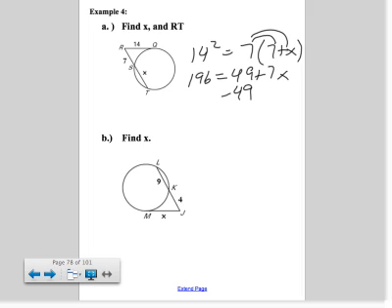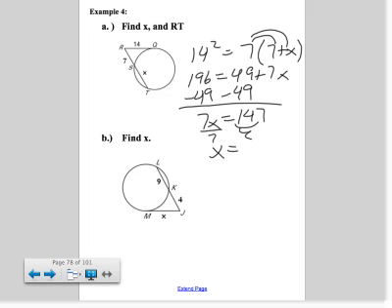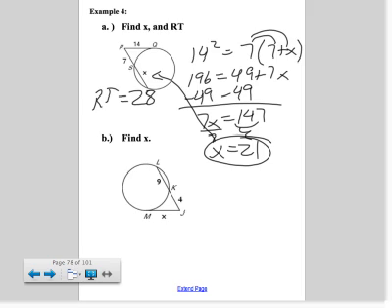Subtract your 49 from both sides, and so we end up at 7x equals 196 minus 49, which is 147. Divide both sides by 7, x is going to equal 21. Alright, so x is 21, and since x is 21, that makes RT 7 plus 21, which is 28.